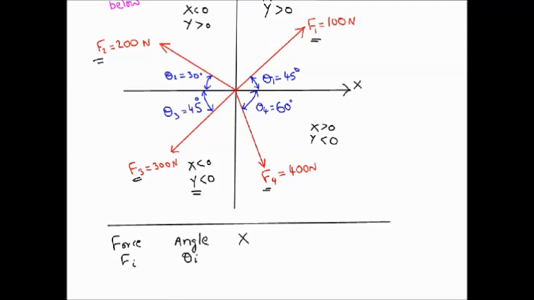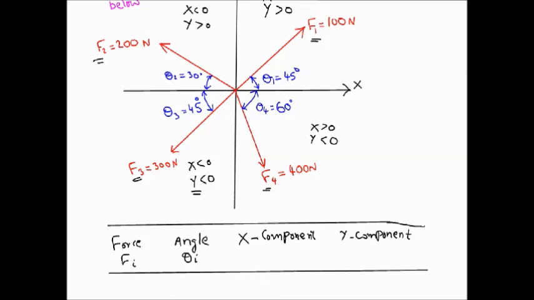Then you have a column for the x component, and then a column for the y component. Then we'll enter all this data systematically into the table.